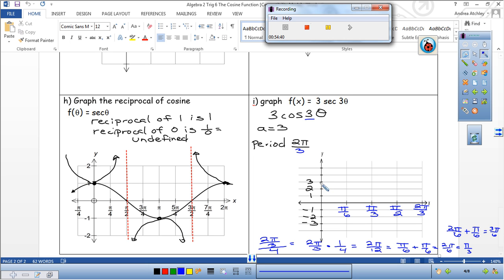So our cosine curve should look like this. Our secant is going to have asymptotes at pi over 6 and pi over 2.